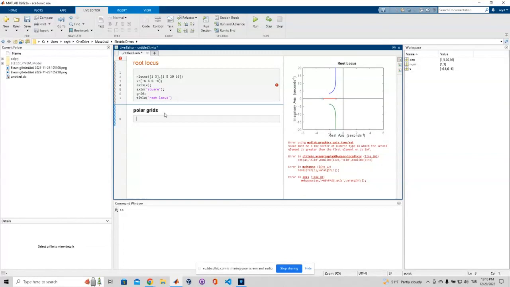So how do we find our polar grids? Now, first you are going to define your numerator, denominator again. Okay.